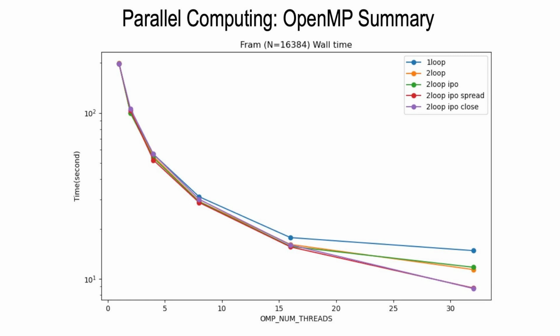In contrast, the two-loop test, which executes the entire program in parallel, demonstrated better performance. The inter-procedural optimizations, IPO, did not significantly affect performance during the tests. Both the close and spread tests under OpenMP affinity settings performed similarly and achieved the best results.